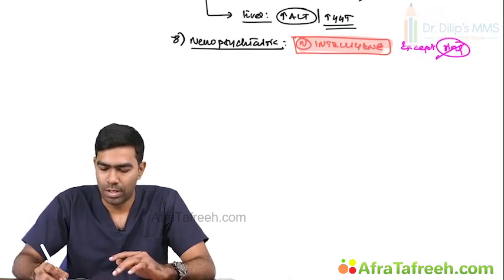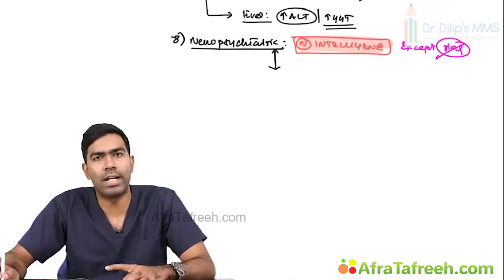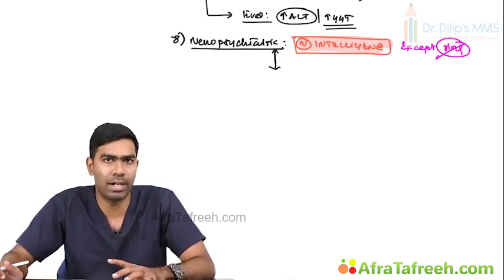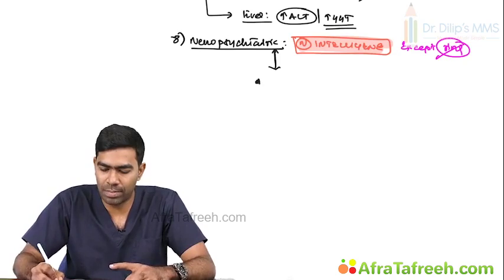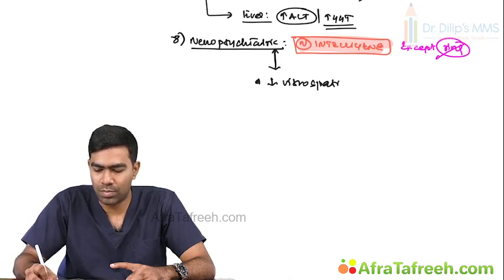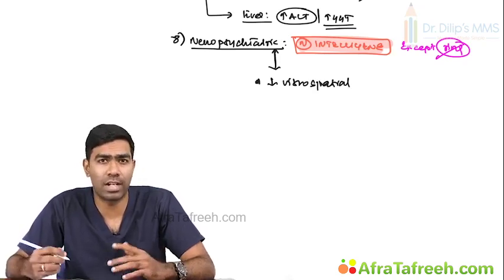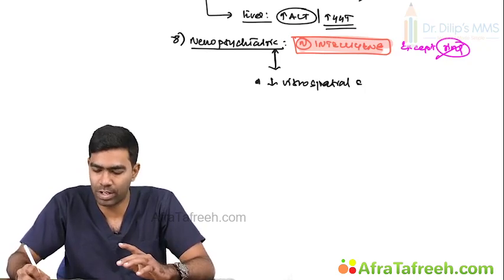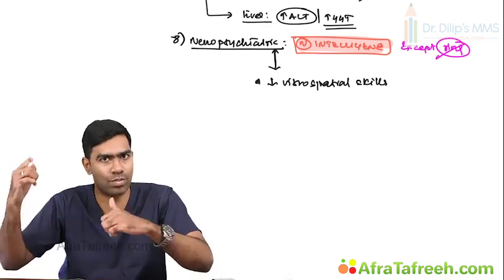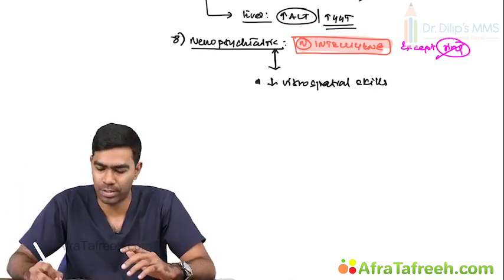Very important point. But even though the overall intelligence is supposed to be normal, they do suffer from certain cognitive disabilities. For example, they might have problems with visuospatial skills, which causes significant issues in certain activities like driving. And this is the reason why they fall often, as I've told you previously, and they're prone to fractures.